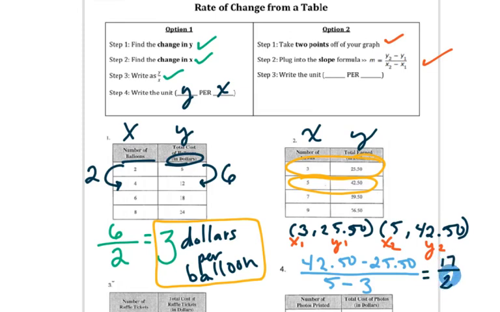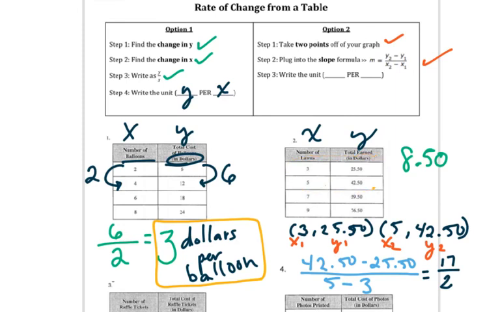But let's turn it back into a decimal because these here are decimals. So if you did 17 divided by 2 in your calculator, it would give you the number 8.5. But since it's talking about the money, 8.5 is the same as 8.50.